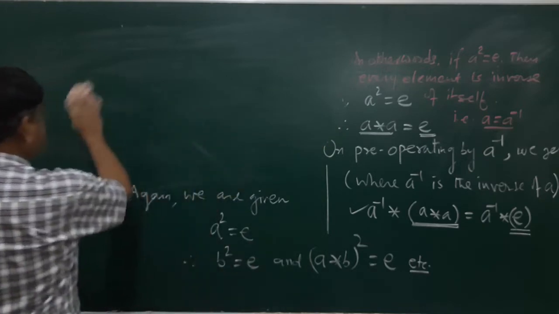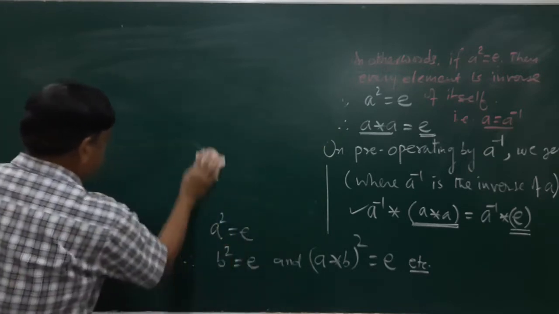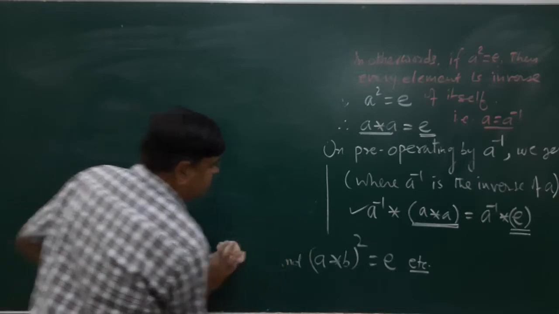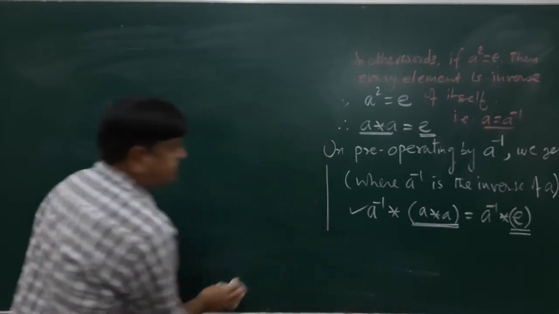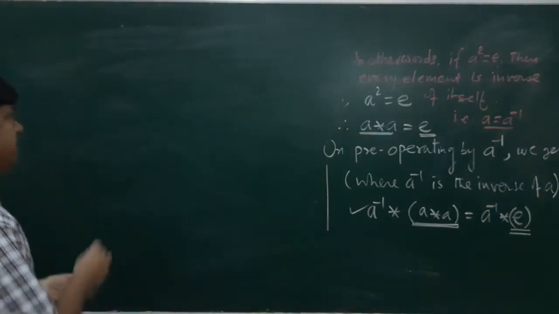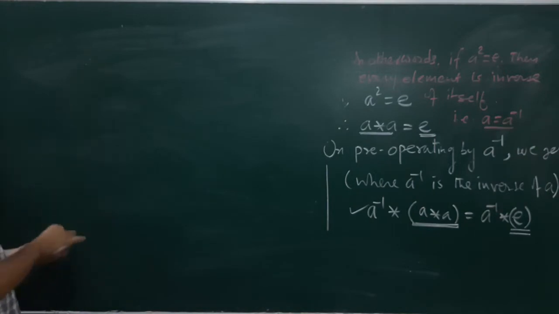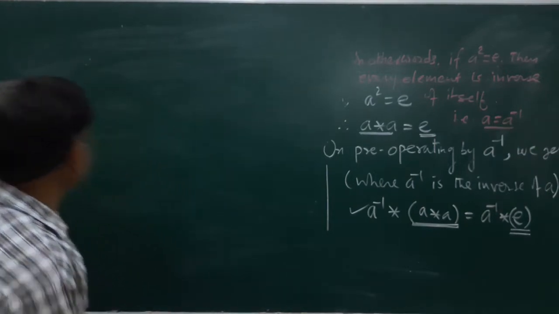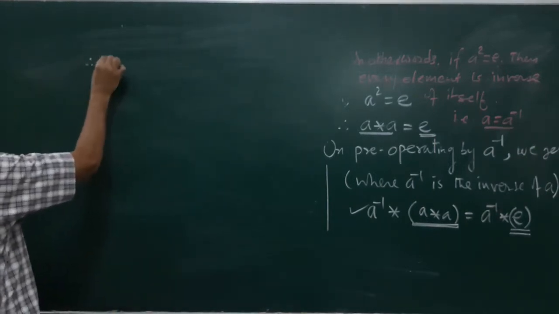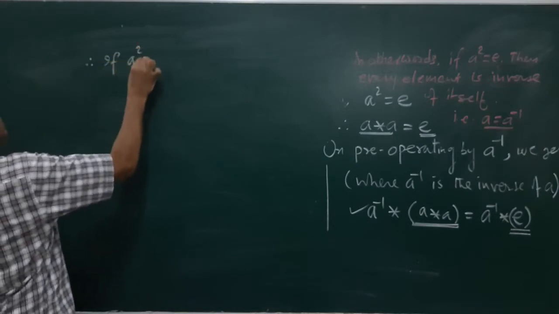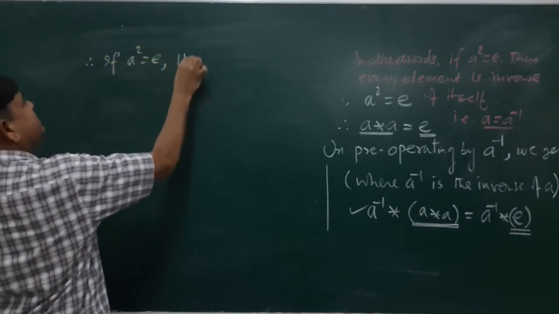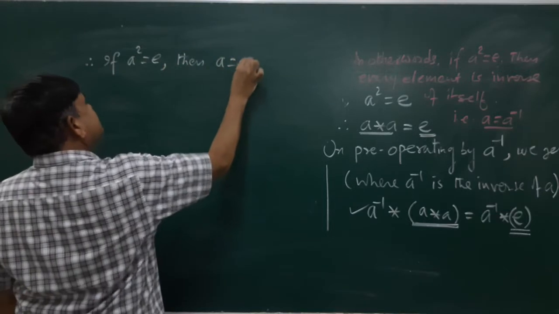So we have proved, therefore, if a square equals e, then a equals a inverse.